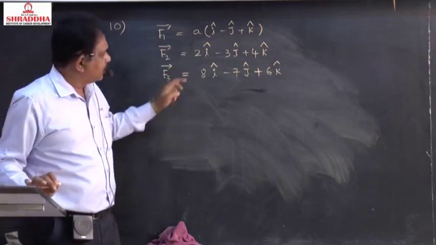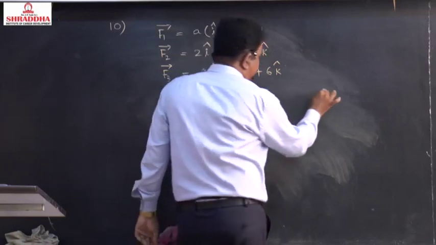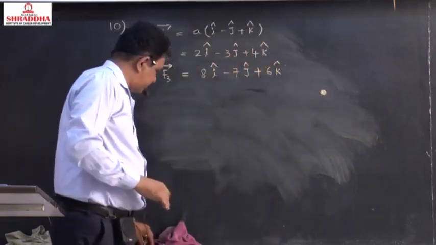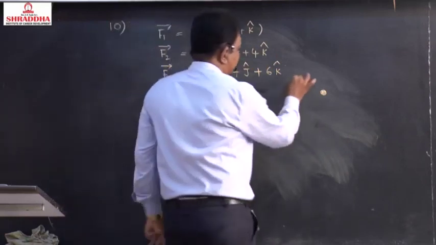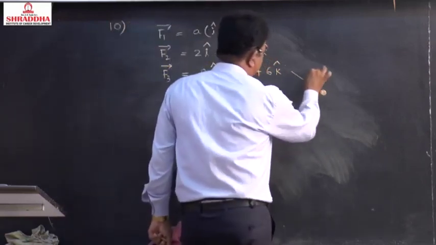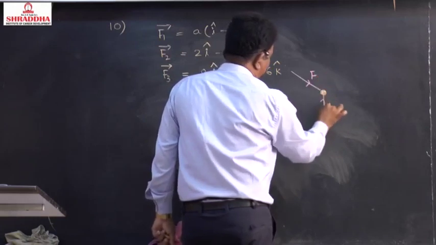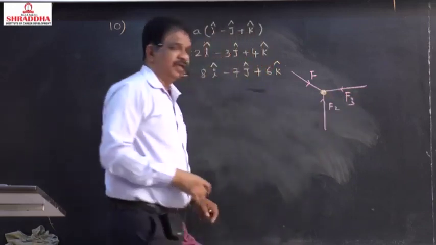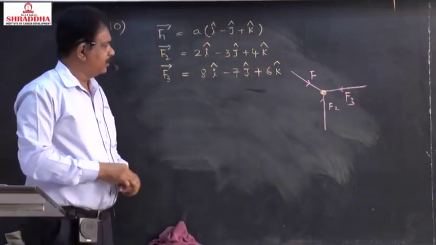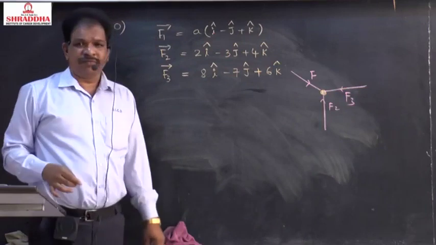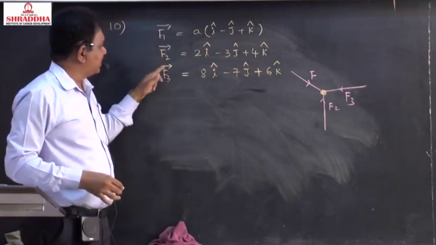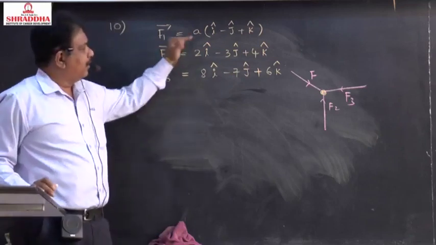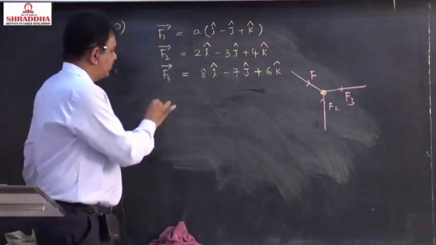On that particle we applied these three forces F1, F2, F3, and that particle is in equilibrium. Equilibrium means the net force is equal to 0, so F1 plus F2 plus F3 is equal to 0. Then what is the value of A?